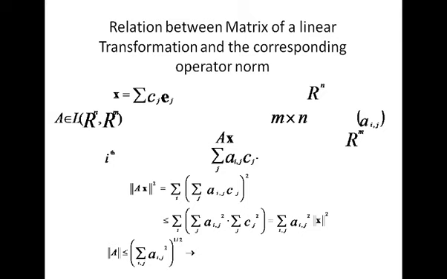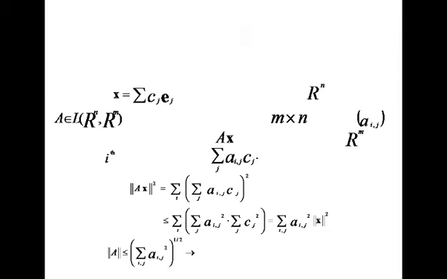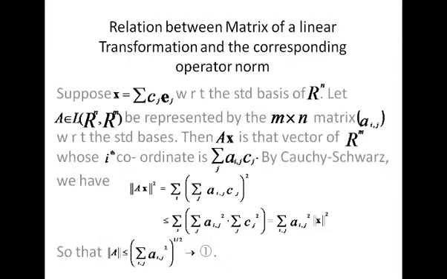Now you choose any vector x equal to sigma Cj Ej in Rn, where Ej is the standard basis of Rn. So x is sigma Cj Ej, and A is represented by the M/N matrix Aij. Then look at the vector Ax.